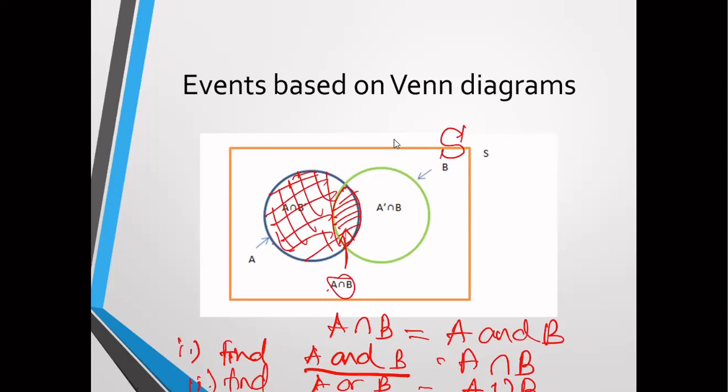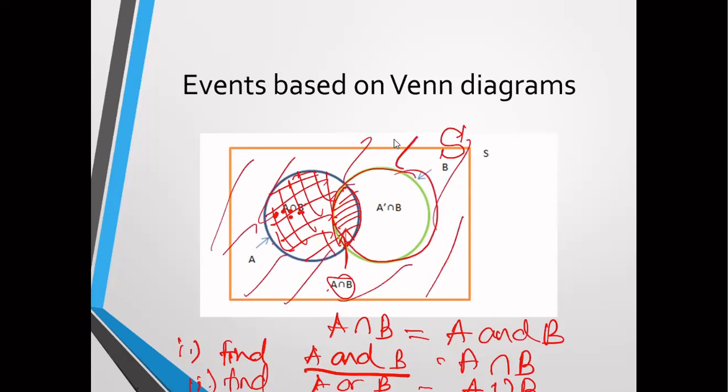That is A intersection B dash. That means elements that belong to A and B dash. What do you mean by B dash? Complement of B. B dash is this region, and that region must be intersected with A.